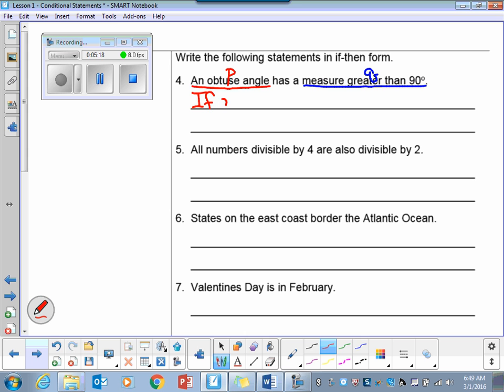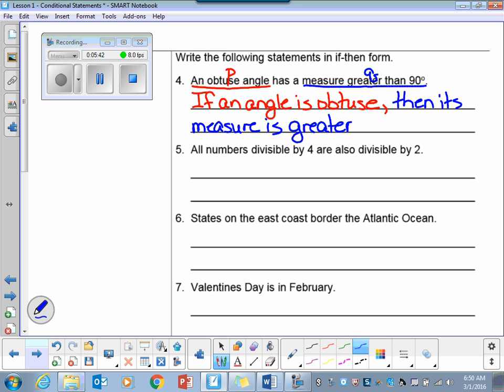So if an angle is obtuse, you have to have a comma after your hypothesis, then its measure is greater than 90 degrees.